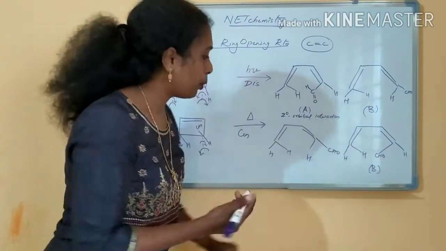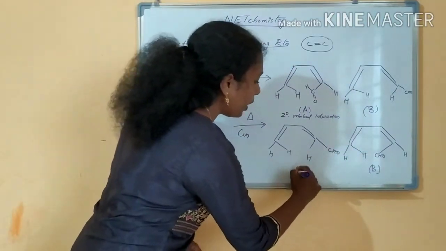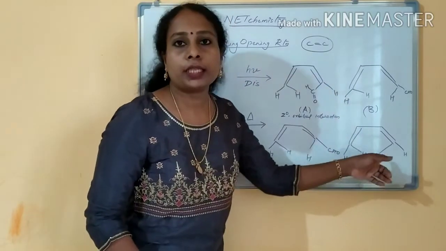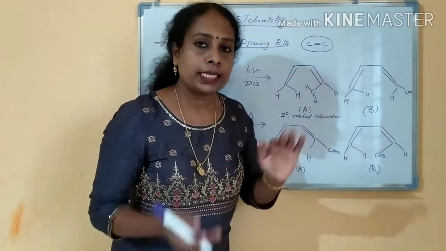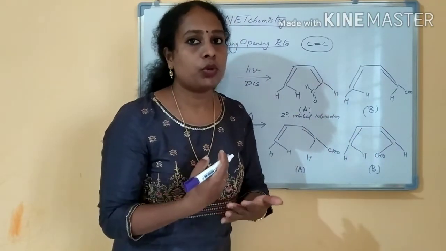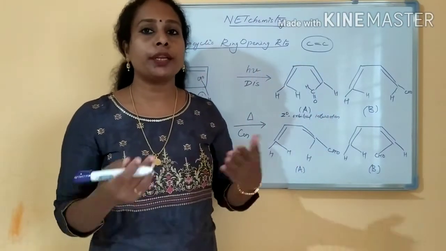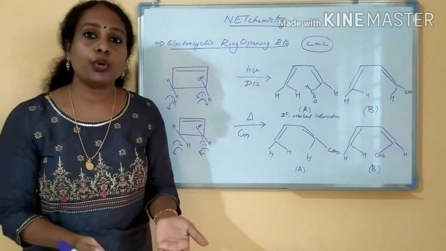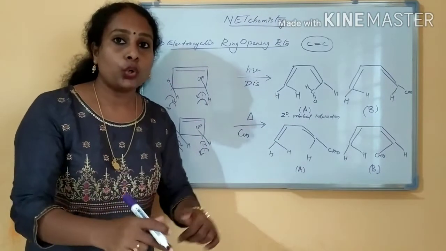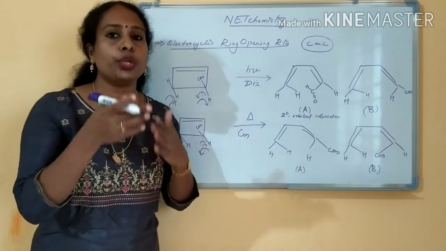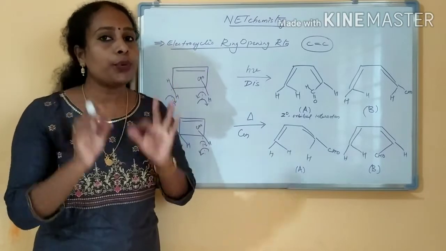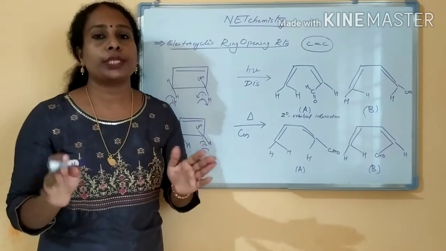This is the stable product. A and B are forming, and in this B you have to select the bigger group. CHO is inward, projecting inward. Okay, is it clear for you? This is how electrocyclic ring opening and ring closure work. Whatever rotatory mode you have taken for ring closure, the same rotatory mode only you have to take for the ring opening also. Is it clear?